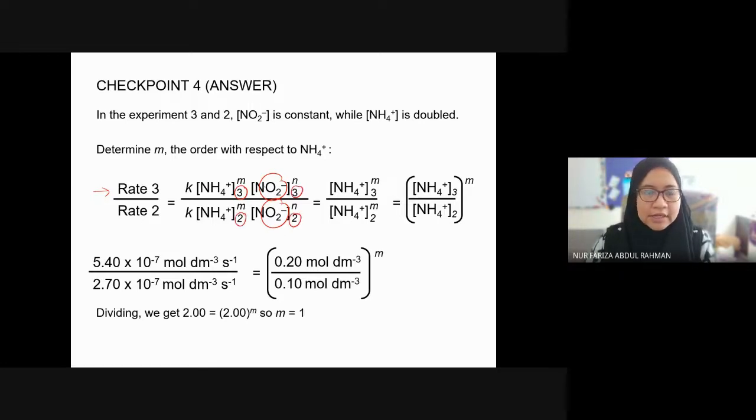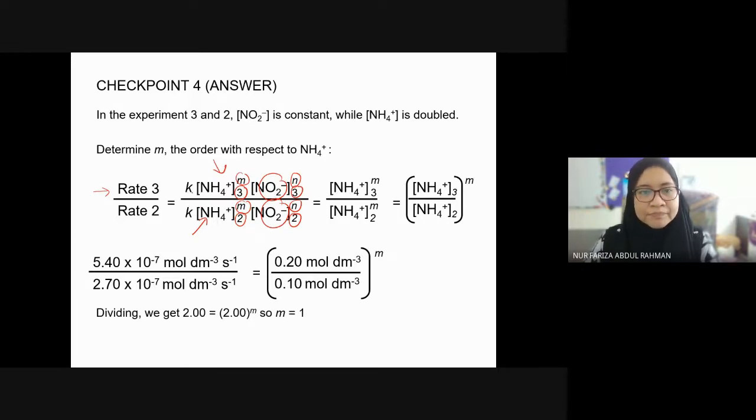So basically they both have the same general rate law, with m and n, because we are using the same reaction. It's just that the concentrations are being varied. That is all. So the rest remain constant. So this is the general rate law for experiment 3. This is the general rate law for experiment 1.